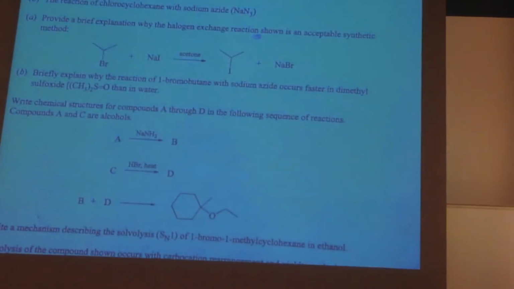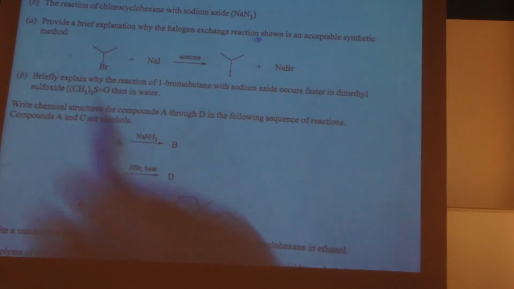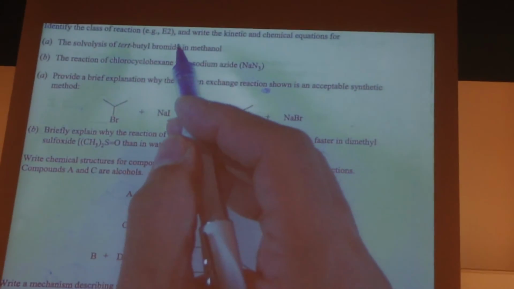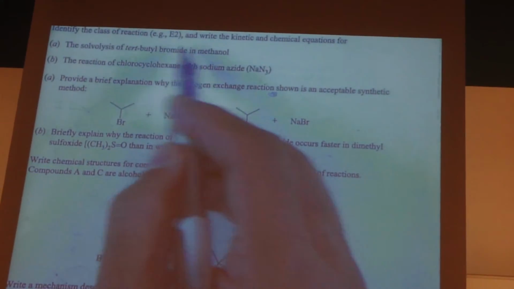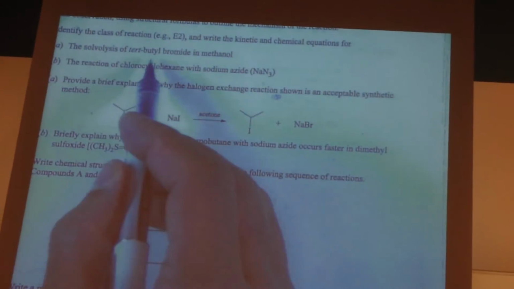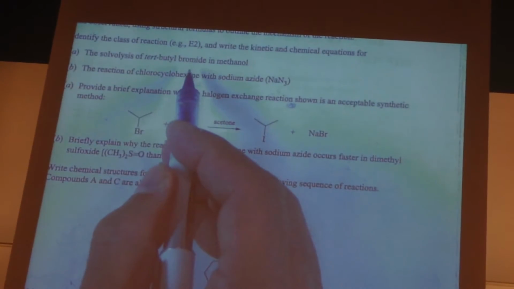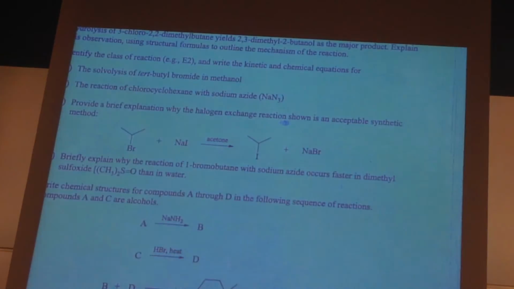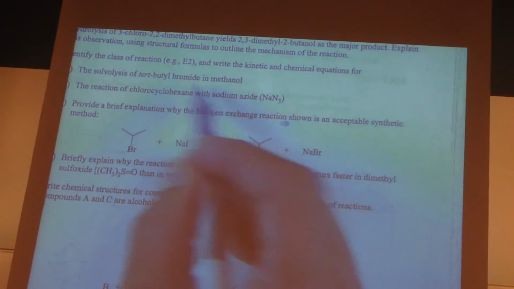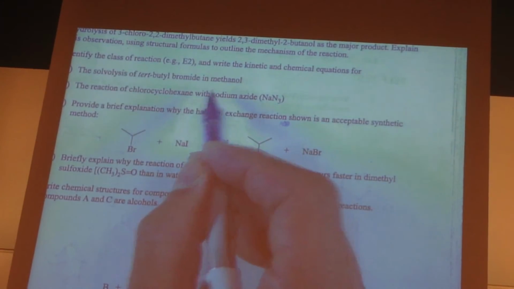Okay, going back to the other problem. Identify the class of reaction, such as E2, and write the kinetics and chemical equation for the solvolysis of t-butyl bromide in methanol. So we expect the t-butyl bromide to undergo solvolysis in methanol. There's no good nucleophile.